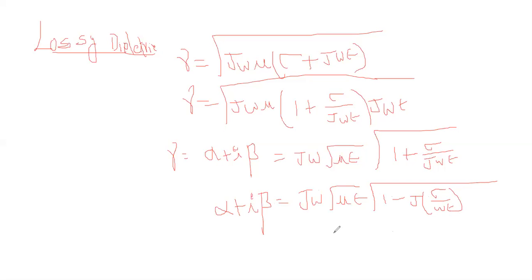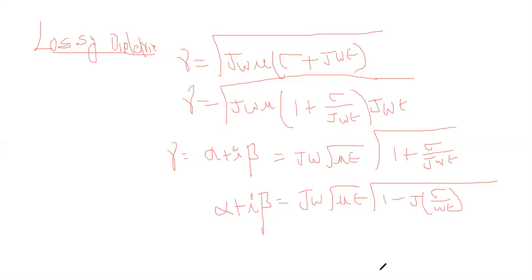But here see, the alpha is not equal to 0. It is having the imaginary term and it is multiplied internally. The j and the j is j square, it becomes minus 1. And we have alpha is not equal to 0 here.